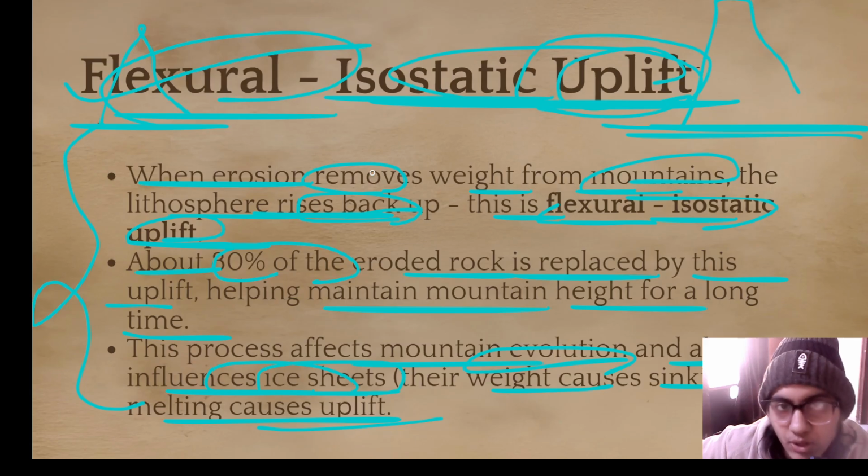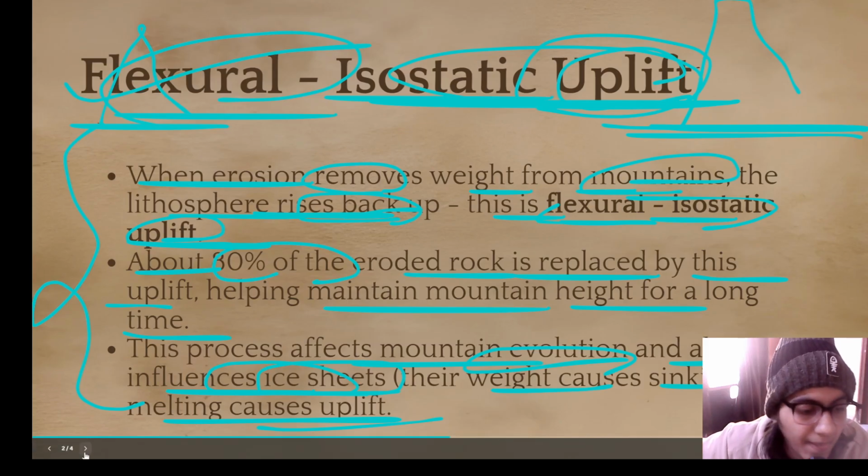Because of that, the weight of the mountain reduces, and the underlying layer, that is the crust, moves back. And then the height of the mountains remains the same.